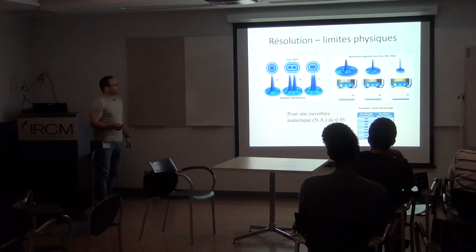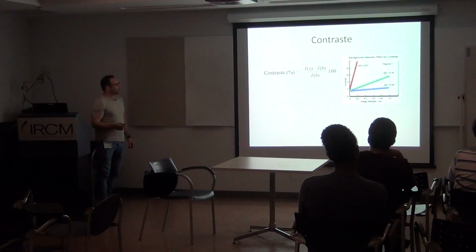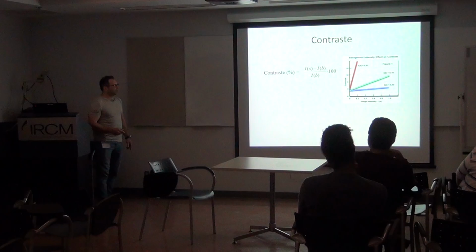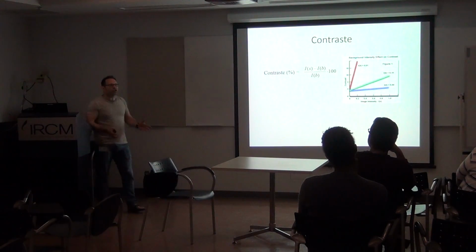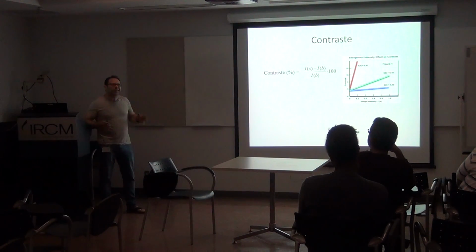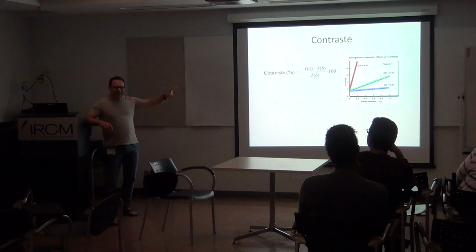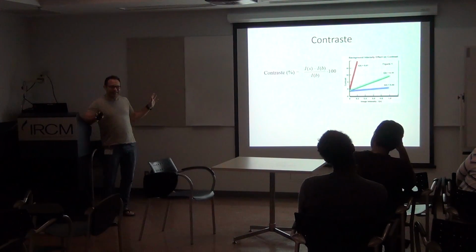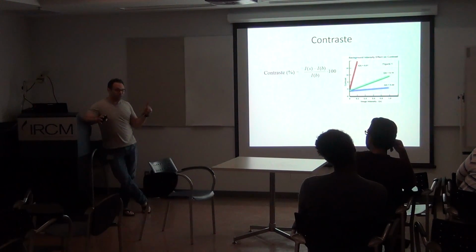So that is about resolution. Contrast has something to do with the specimen and the background. In an image, usually we will be able to define what is the object and what is the background. Sometimes it's difficult to figure out what is really the object and what is really the background.